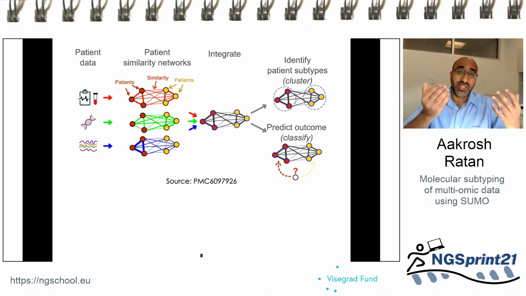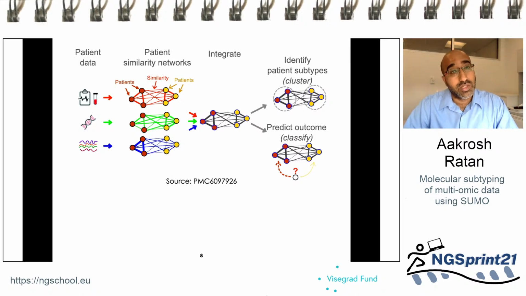So let's come back and think about this in terms of generalizing this idea. So let's say we have a particular data type. We can convert it into a patient similarity network. We also have other data types, and if we can convert each one of them into separate patient similarity network, then figure out a way to integrate all those networks.